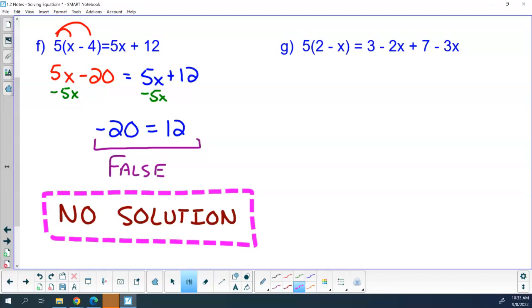The other special situation, which I'm sure you probably have already guessed by now: I'm going to distribute again, 10 minus 5x. And I'm going to combine like terms over on this side. These two can combine to be 10, and these two can combine to be minus 5x.